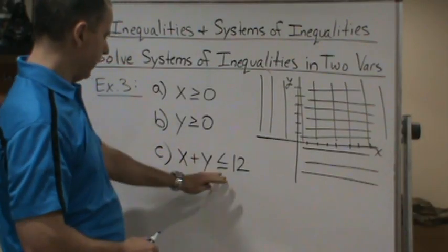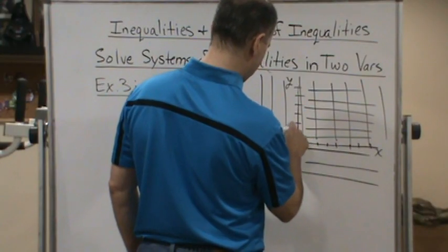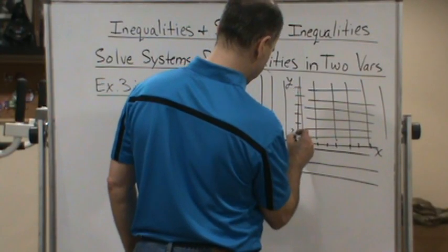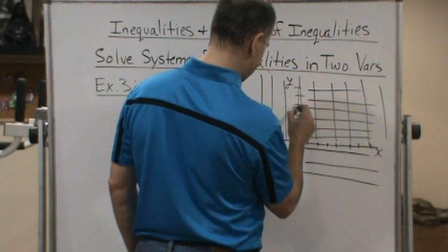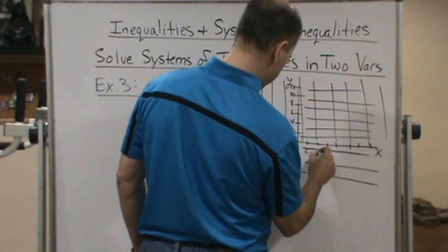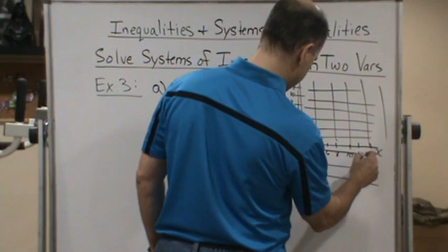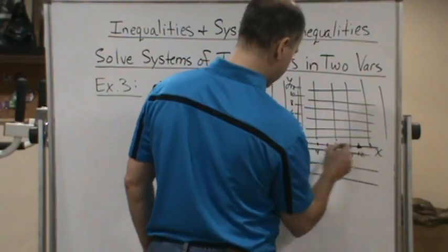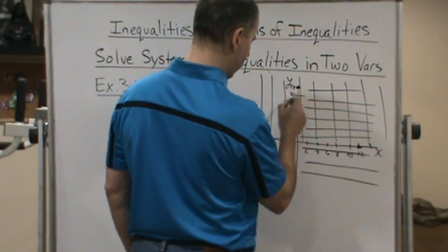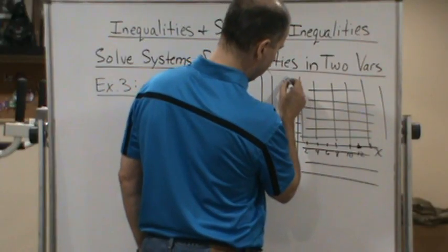I'm going to do this by 2s. 2, 4, 6, 8, 10, 12. So we have one intercept here and one intercept here.